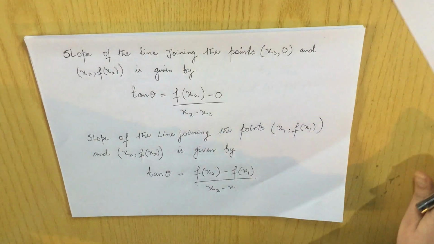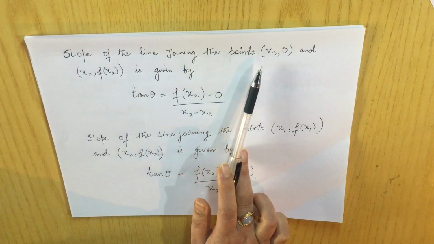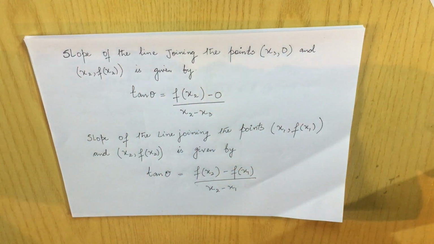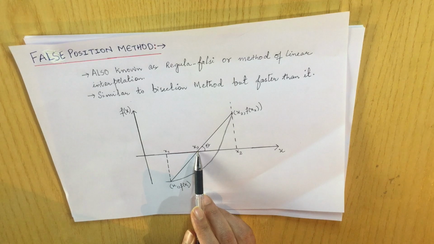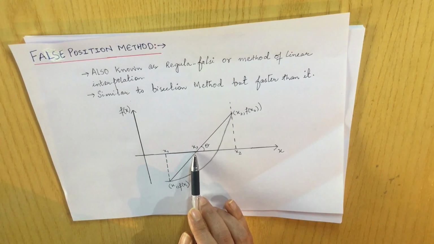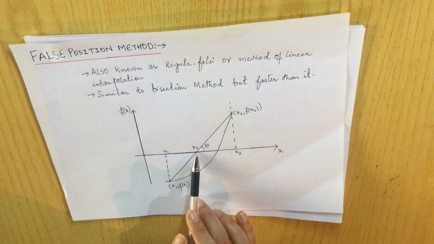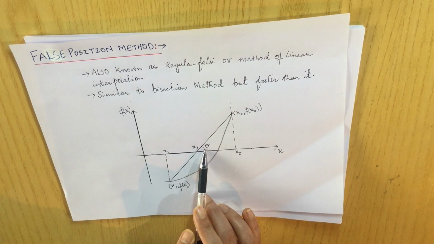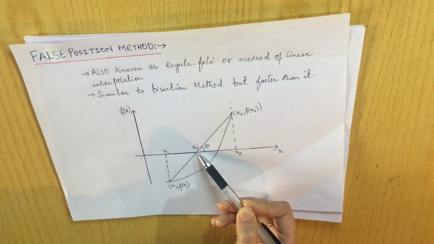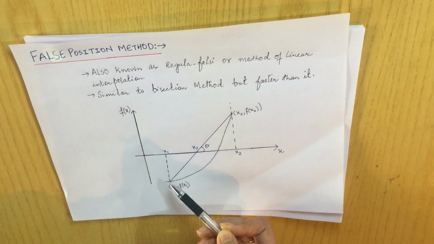How are we going to do this? We will consider a slope. First, we consider the slope of the line joining the point x3, 0, whose coordinates are x3, 0 because the f of x value is 0 on the x-axis, and the point x2, f of x2. Then we calculate the slope of the line from x1 to x2.